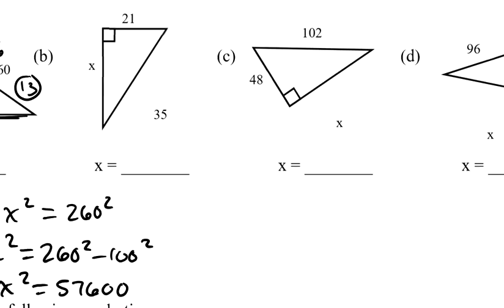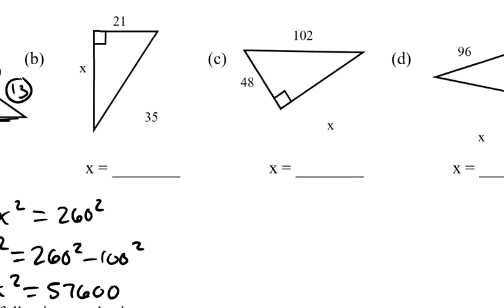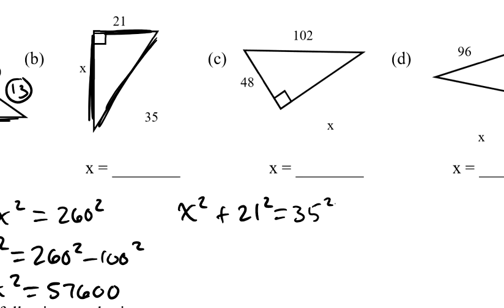On the next one, I've got an x squared plus 35 squared equals 21 squared. So I'm looking at, and this is wrong, my other leg is 21 squared. So remember, it's the leg squared plus the other leg squared is the hypotenuse squared. So this 35 needs to be on the other side.